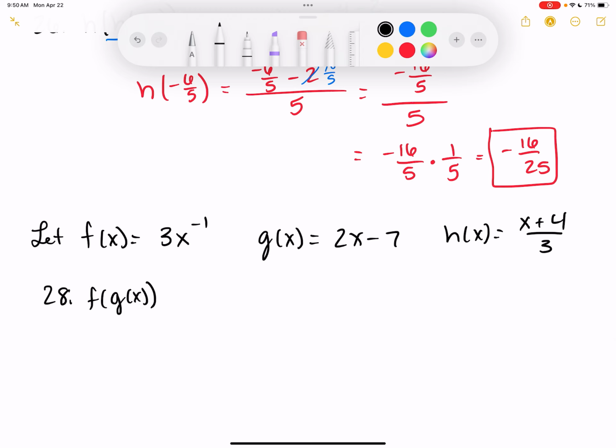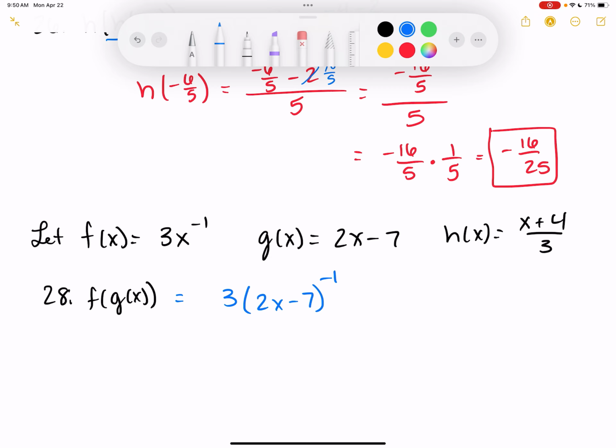So now what this tells me to do is plug in the function g of x, the 2x minus 7, for x in f of x. So this is going to be 3 times, I'm going to replace x with 2x minus 7, raised to the negative 1. What do I need to do with this to make it proper?